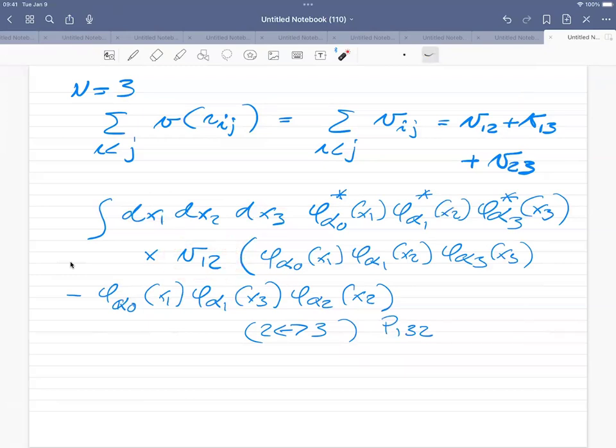So when you look at this integral, that means that the part with 1 and 2 here is locked because you have an interaction which depends on 1 and 2. This term here is okay because here we have 1 and 2. But then if you look at this next term from the Slater determinant, or from the determinant, it has now alpha 1 with x3 and alpha 2 with x2.